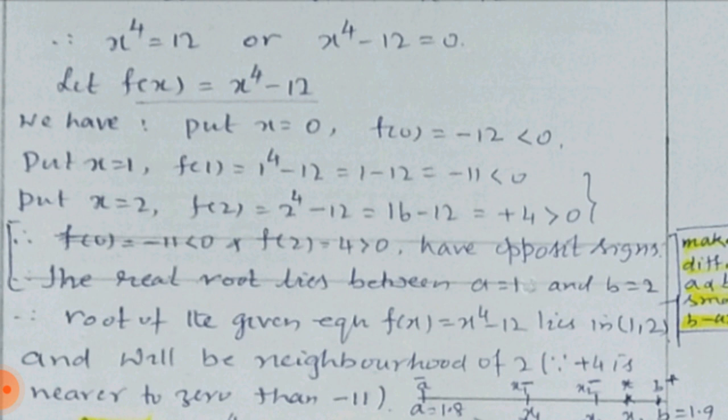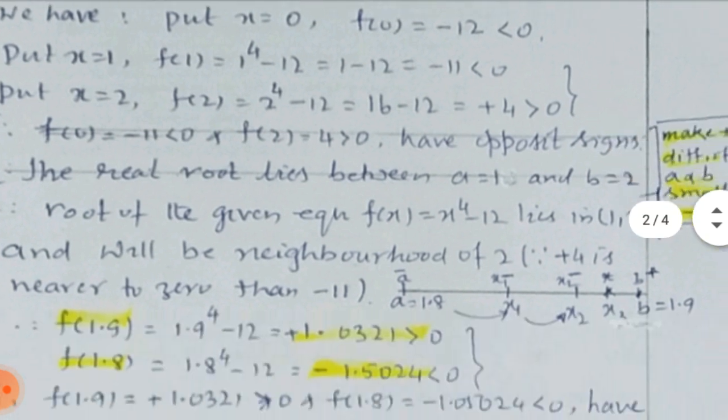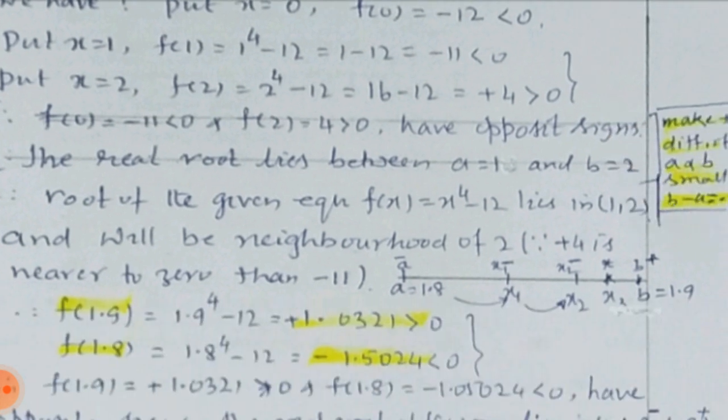These two have opposite signs. F of 1 is negative, f of 2 is positive. So therefore they have opposite signs. Therefore the real root must lie between 1 and 2. But the root of the given equation f of x is equal to x to the power of 4 minus 12 lies in 1 comma 2.